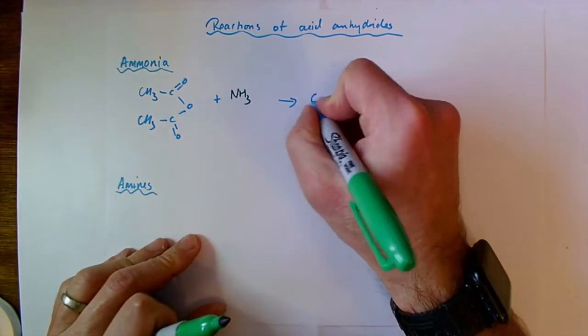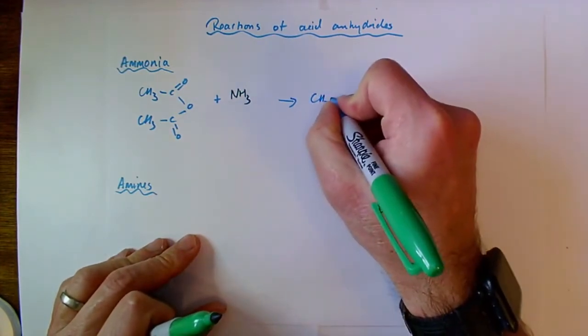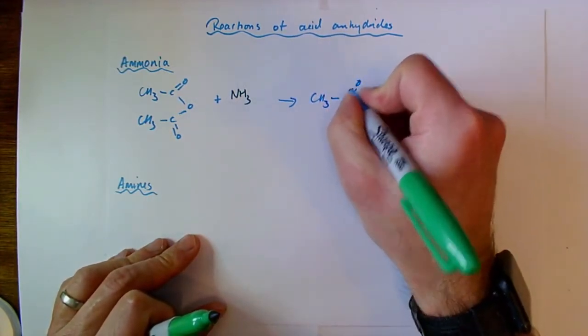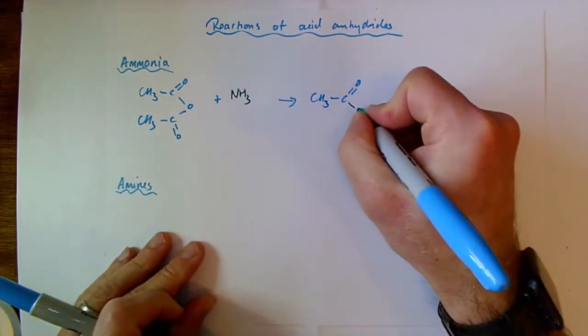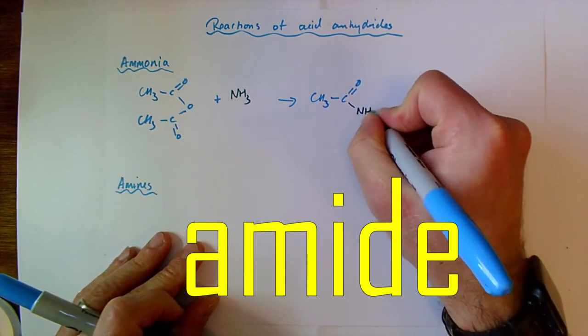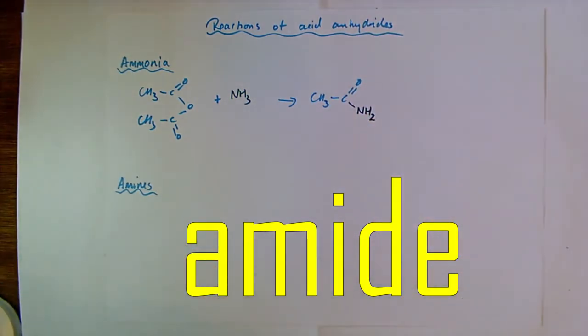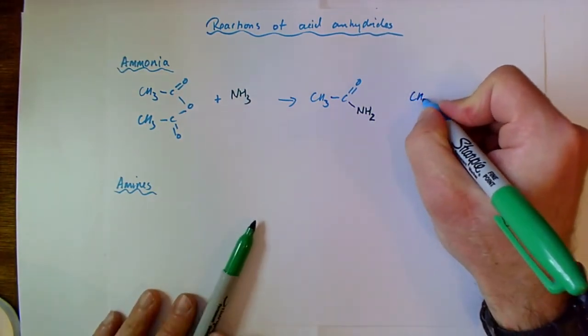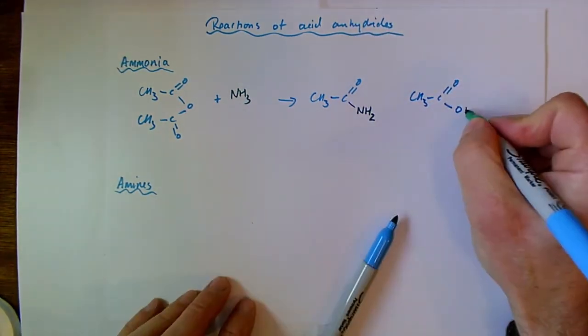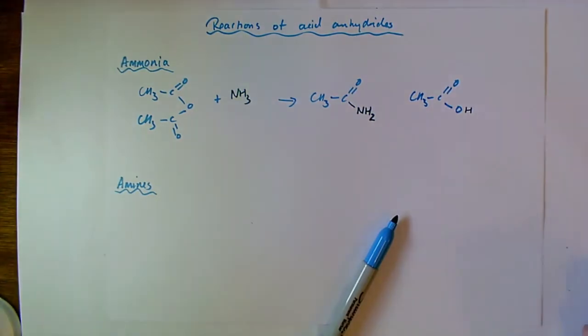So if we remember with our acyl chlorides, when we reacted it with ammonia, we made an amide. So this would be NH2. And my leftover material over here would be some ethanoic acid.